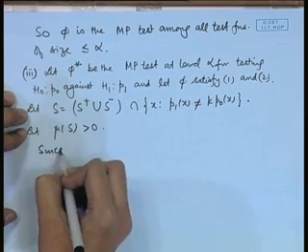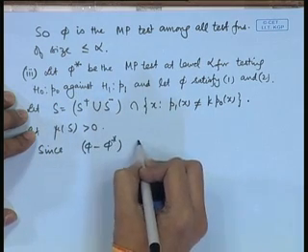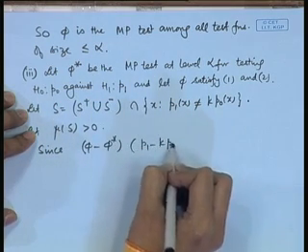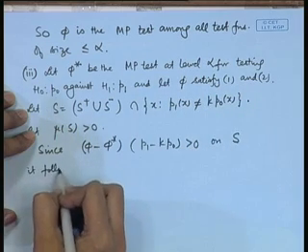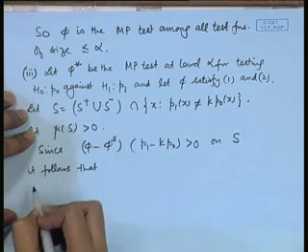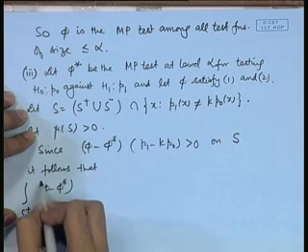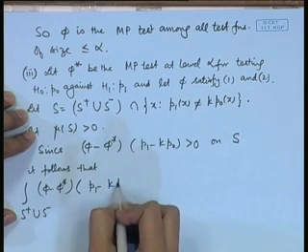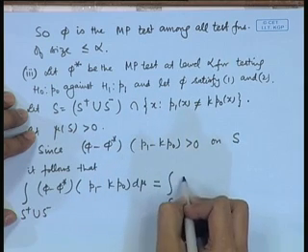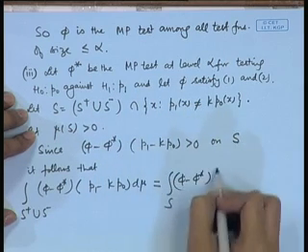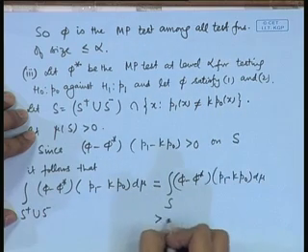So, as already observed, phi minus phi star into P1 minus K P naught is greater than 0 on S. It follows that the integral over S plus union S minus of phi minus phi star into P1 minus K P naught d mu is strictly greater than 0.